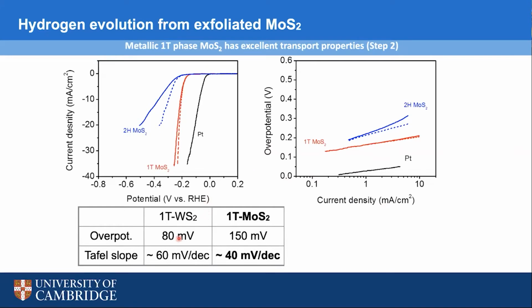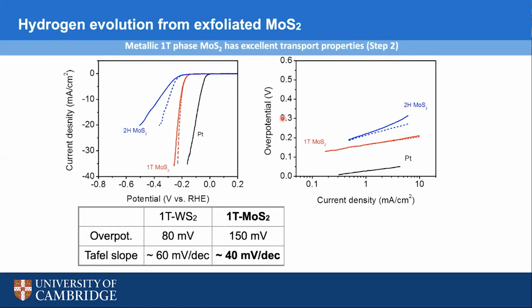And what we find here is that the Tafel slope is quite good for this 1T phase MoS2, and the overpotentials are also reasonable for the metallic phase relative to the 2H phase of MoS2. So this could be for two reasons that I mentioned in the previous slide.